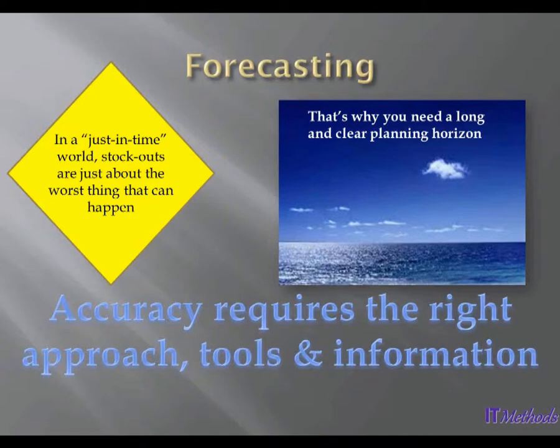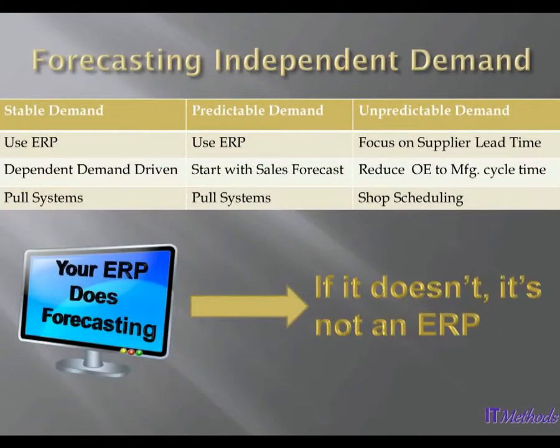Now, if you're lucky enough to have stable demand, then you can pretty much rely on dependent demand-driven material forecasts and pull systems, and your ERP system should be able to handle this. And about that, if you don't think that your ERP system does forecasting, then either there's unfound capability there that you're not aware of, or you don't actually have an ERP, because ERP stands for Enterprise Resource Planning, and forecasting is a central component of that.